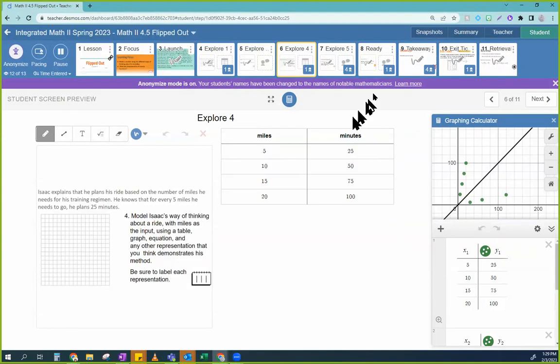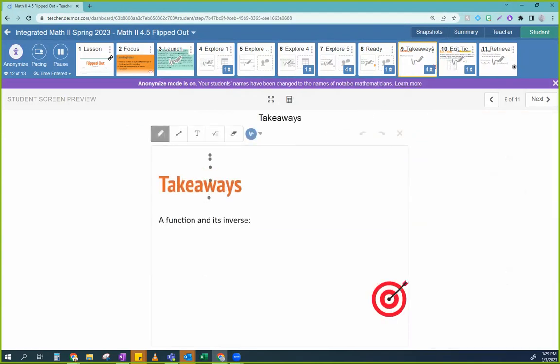The last thing that I want to write out for you is when we write out a function inverse. So when we write function inverse, we say this is a function, right? The way we write out function inverse is this: f to the negative 1 of x.